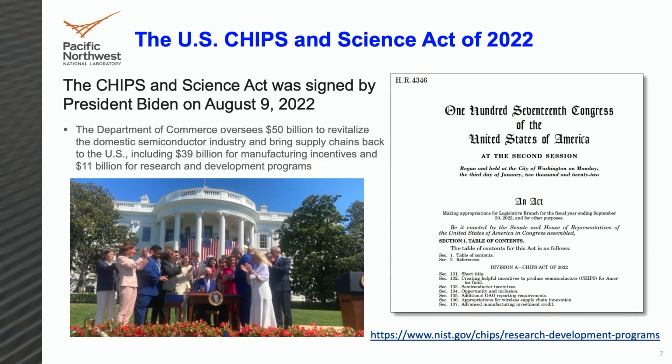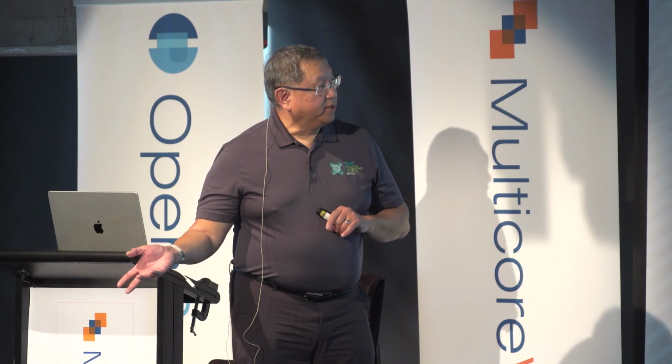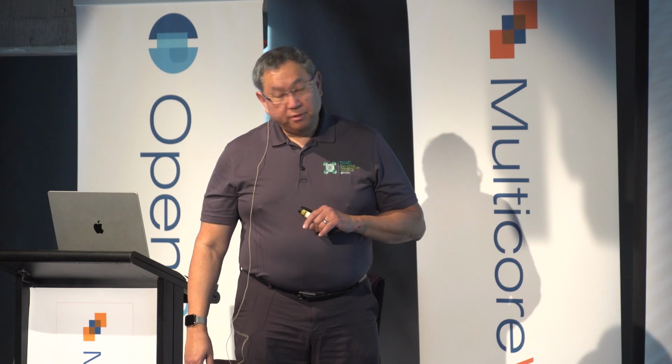So this is a photograph from the signing of the CHIPS and Science Act. Here in words are the budget allocations within the U.S. Department of Commerce. Beyond that, the Department of Defense also has a $2 billion investment for microelectronics hubs and technology commons.